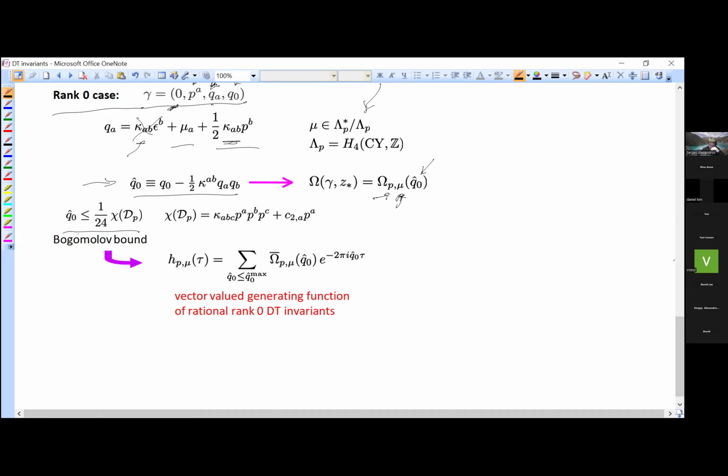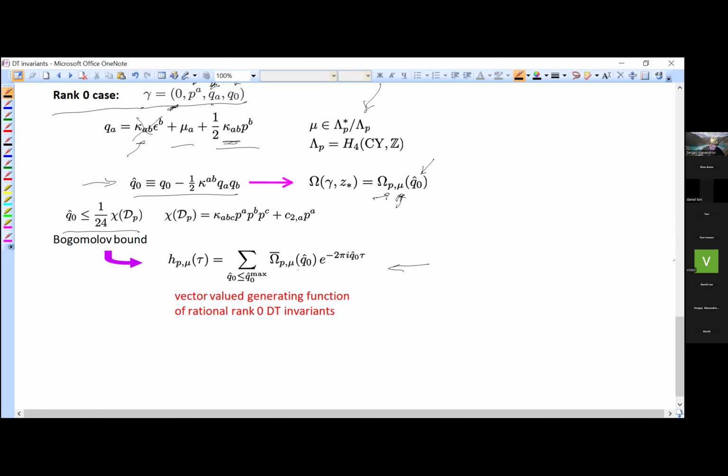Right. And due to this fact, we can define the generating function of these rank zero DT invariants like this. We sum over Q0 hat, since the sum is bounded from above, so the sum is infinite only in one direction.